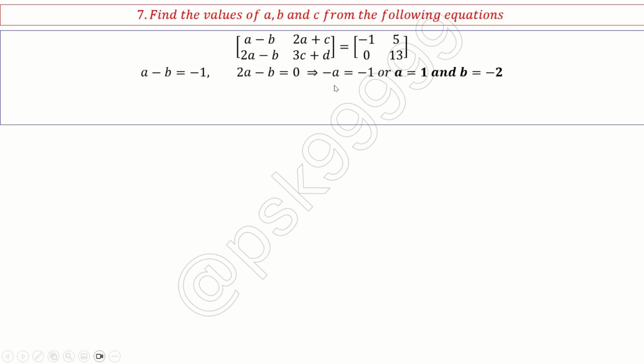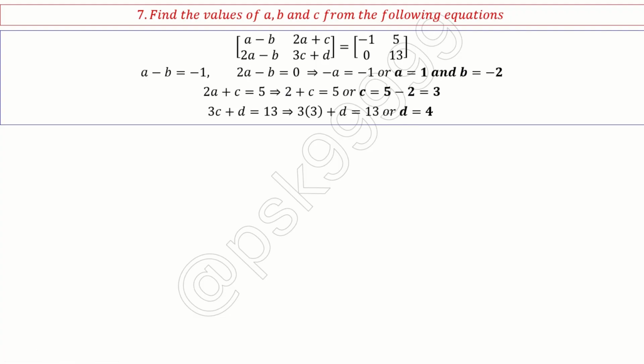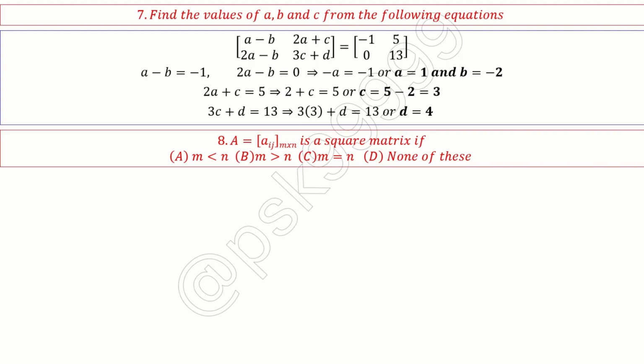If I solve these two equations, I'll get the a value and b value, which is 1 and 2. Similarly, the other equations: 2a plus c equal to 5, and I already have the a value, which means the c value is 3. And 3c plus d equal to 13, and I have my c value, so I'll substitute it and get the d value, which is 4. So this is how you solve these equations from the matrix elements.